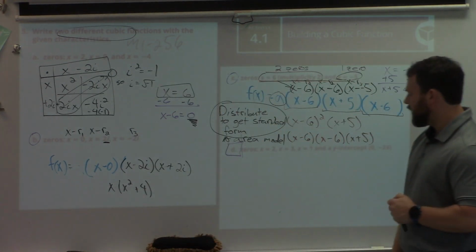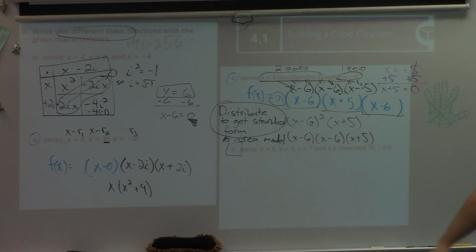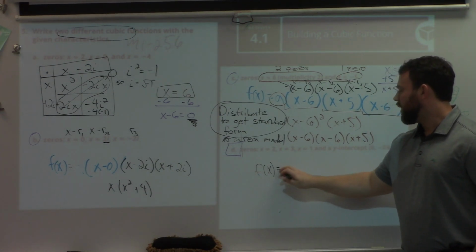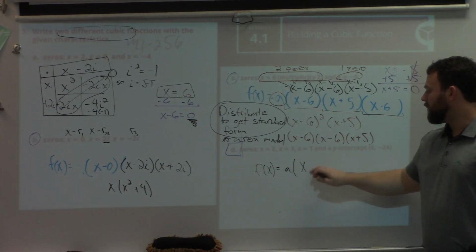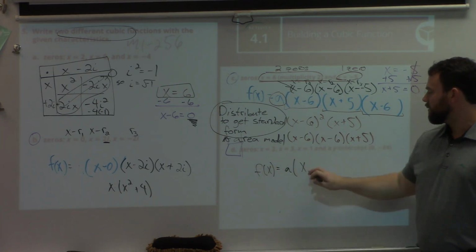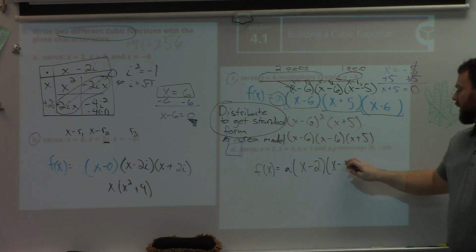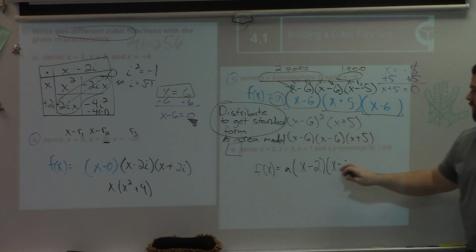This would only be an exceeds portion of the proficiency scale, but I do want to point out, in D, you can actually know exactly what a is. Because I don't know a, so x minus R1, so x minus 2. Then x minus, what's R2?